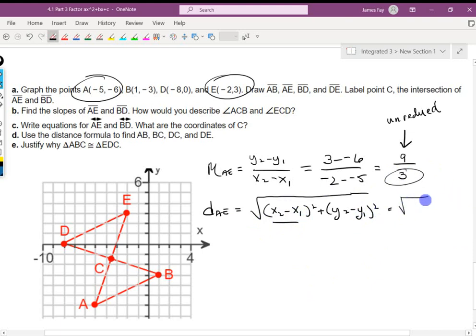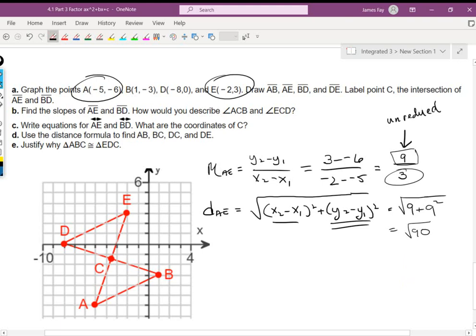So what is 3 squared? It's going to give me 9. And then the y2 minus y1, well, that's that 9 right there, my numerator. So then I'll take 9 squared, which would be 81. So we get 9 plus 81, which gives me radical 90, correct? Does that make sense? Okay.